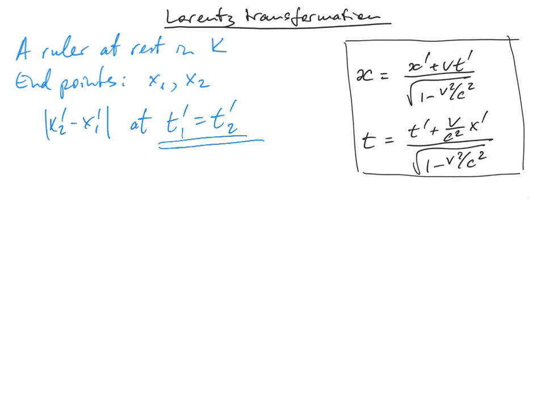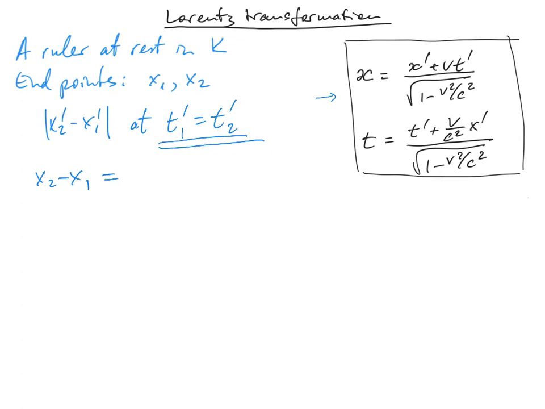Okay? Now, if we use the transformation formulas here and substitute t1 prime equal t2 prime, so we can then write x2 minus x1. So in the right-hand side, the terms with t prime will cancel because t1 prime is equal to t2 prime.